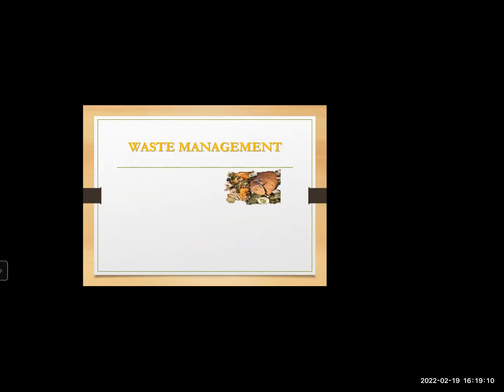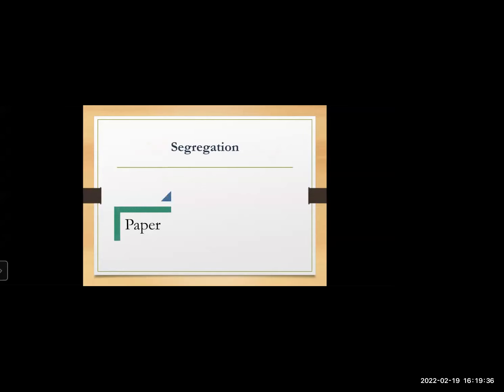So how is the canteen managing this waste? The food waste that is generated from all the 4 canteens is taken up by local people. They segregate this food waste from other types of wastes, and they use this waste to feed the animals they have.